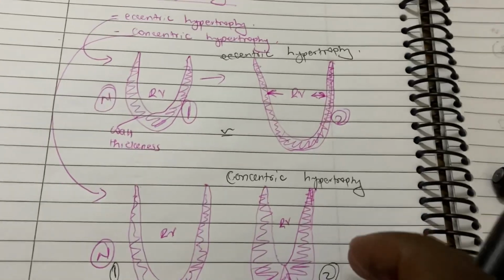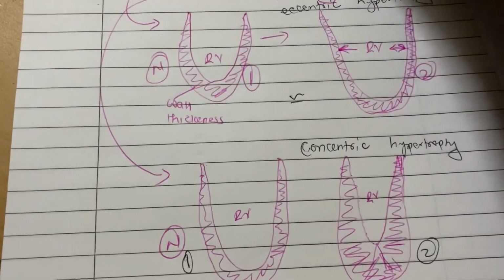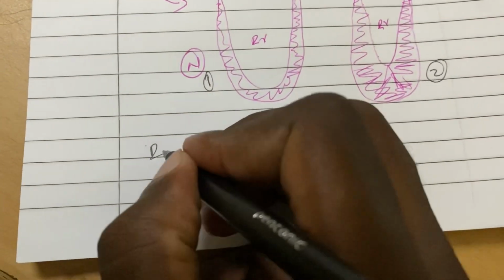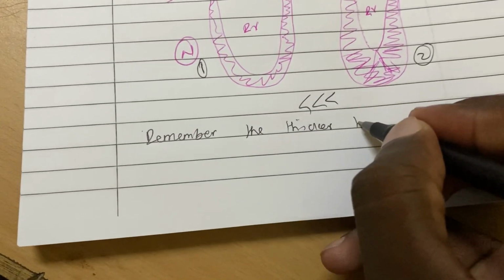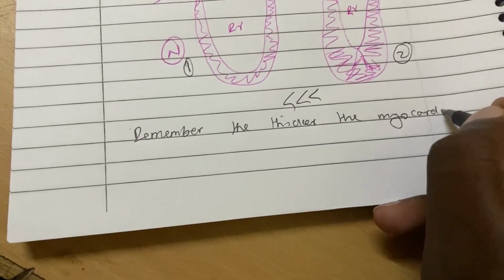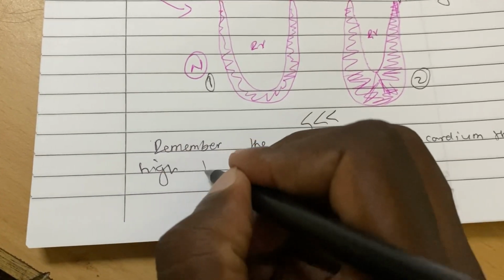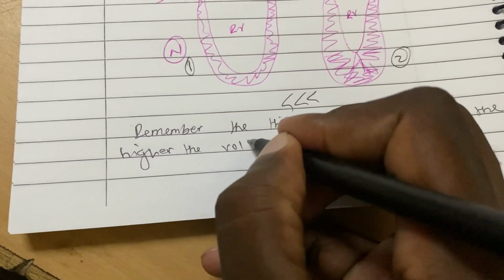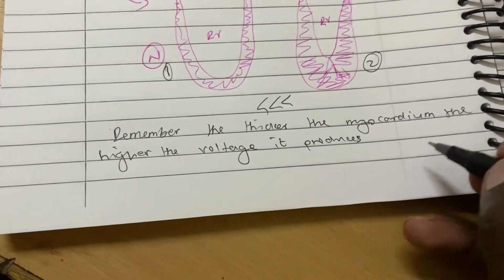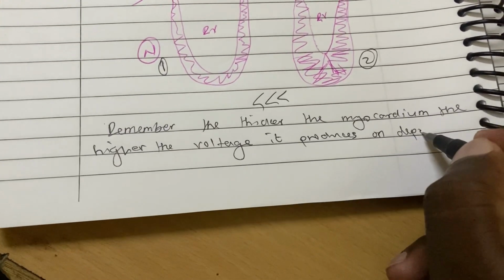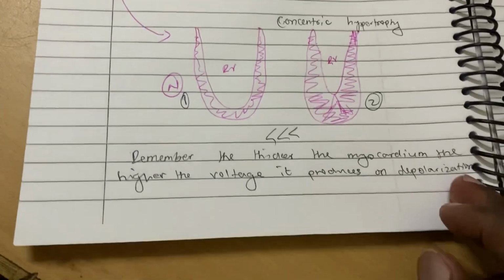So what do we expect? In concentric hypertrophy, remember when we were doing the basics of ECG, we said a larger myocardium generates a larger voltage. Remember, the thicker the myocardium, the higher the voltage it produces on depolarization.